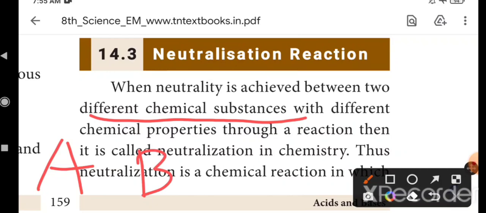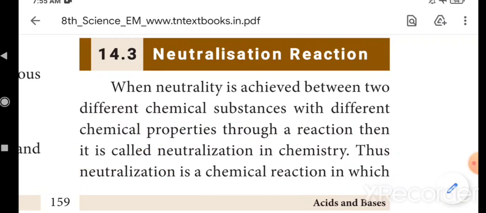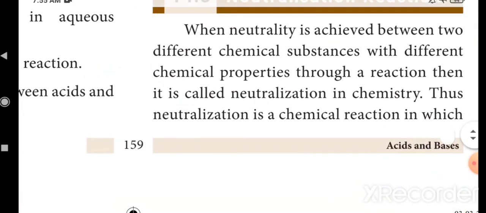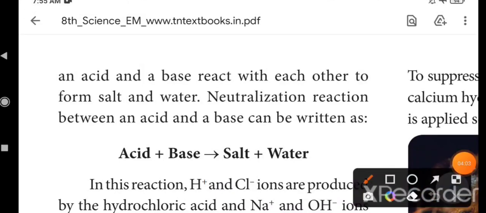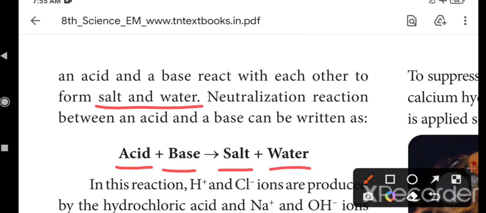Okay, thus neutralization is a chemical reaction in which an acid and a base react with each other to form salt and water. Underline the words salt and water. Which one is reactant? Acid plus base gives us salt and water. The neutralization reaction between an acid and a base can be written as acid plus base gives salt plus water.